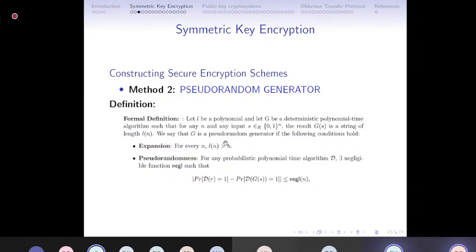We say that G is a pseudo random generator if it satisfies two conditions. The first is that the length of the output must be greater than the length of the input.